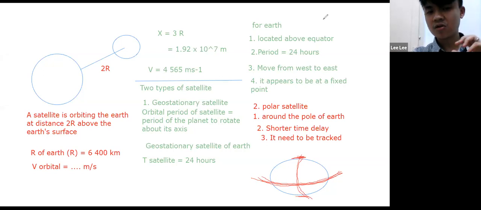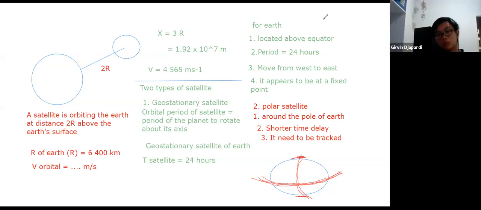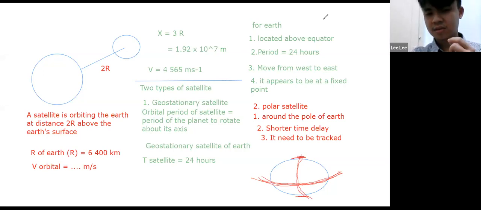If your satellite can go closer, will it take a longer time to reflect the signal back? No. That is the advantage of using a polar satellite. The disadvantage is you have to track it, because the position is not the same as the geostationary satellite, which appears at a fixed position.